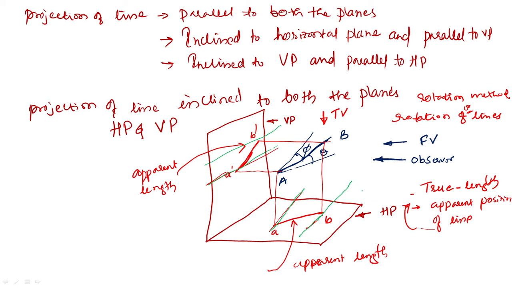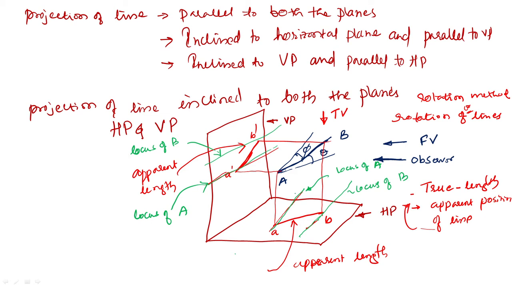Now this is the locus of B in top view. This is the locus of A in top view. Similarly, you are going to get the locus of B in front view, and the locus of A in front view.